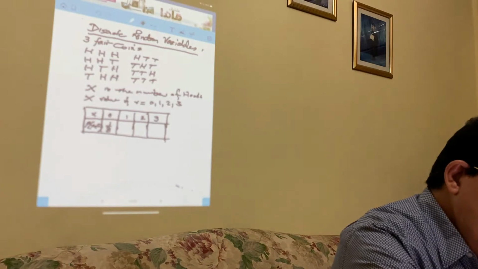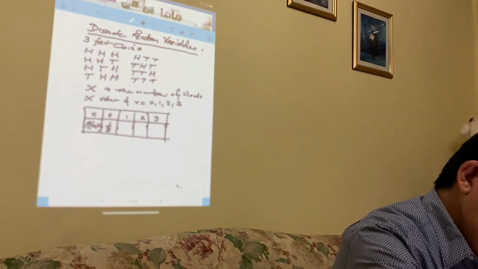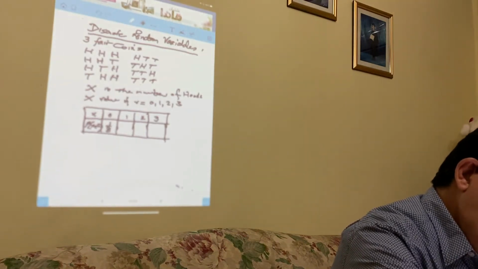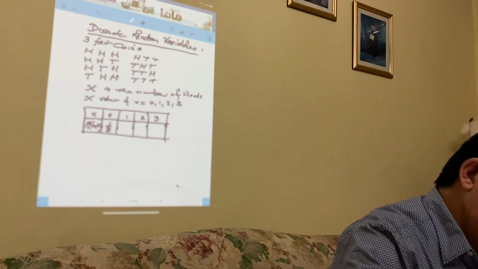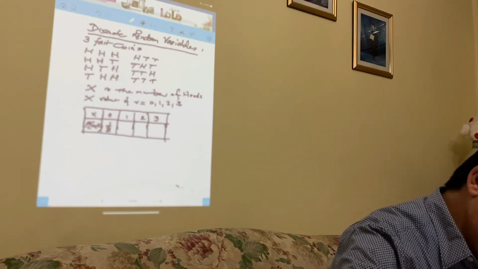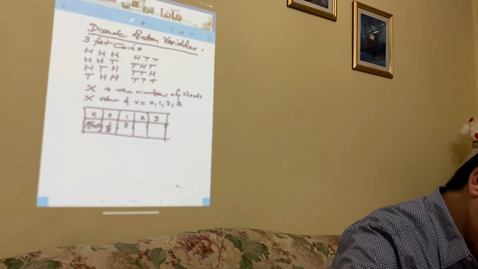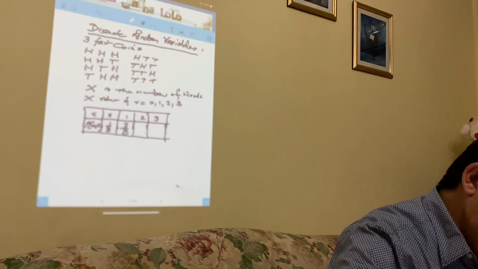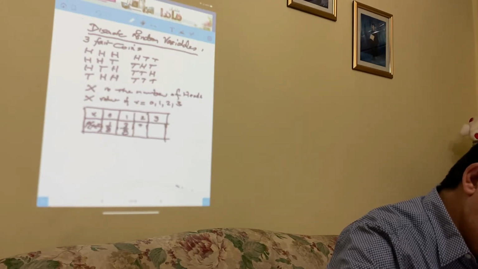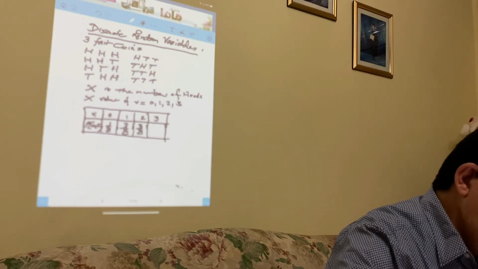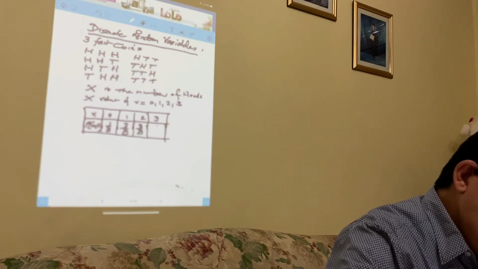Then there is one head: 1, 2, 3. It is 3 over 8. Then 2 heads is 3 over 8. Then 3 heads is 1 over 8.